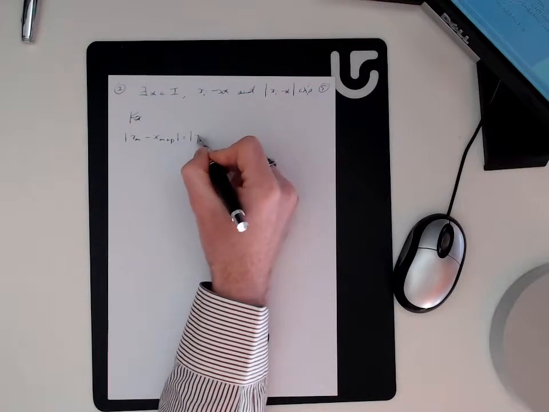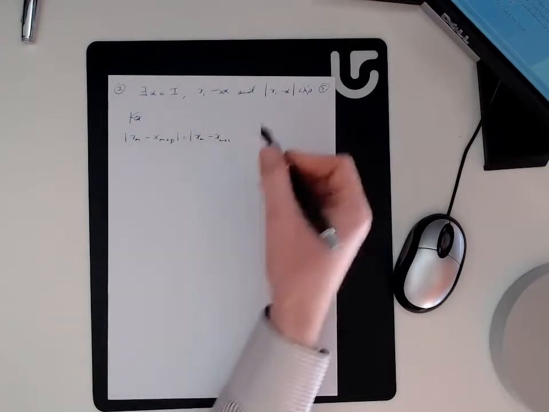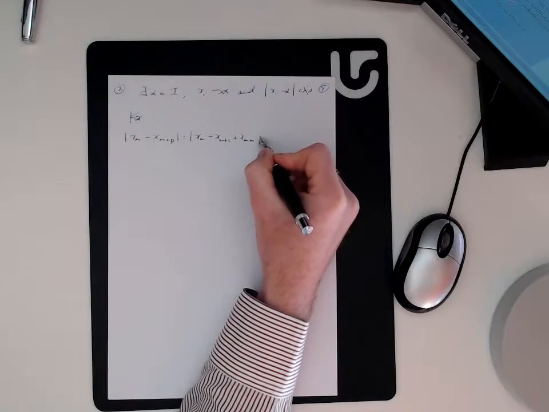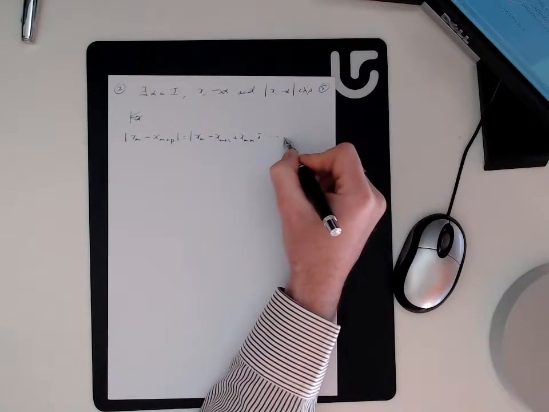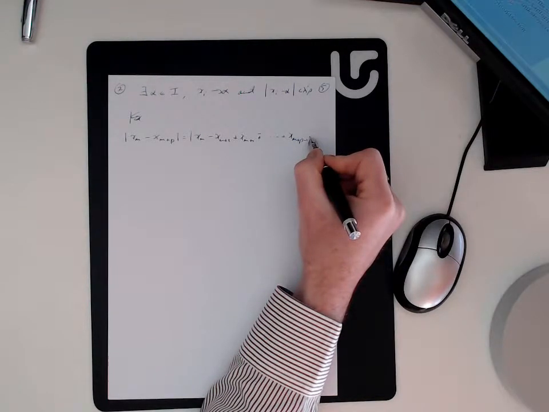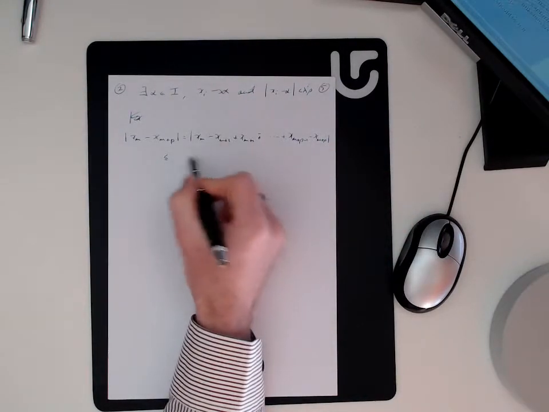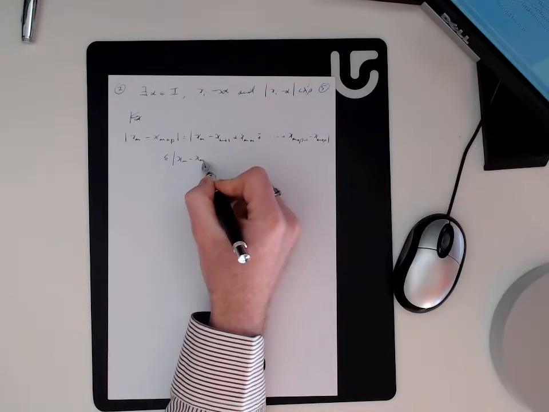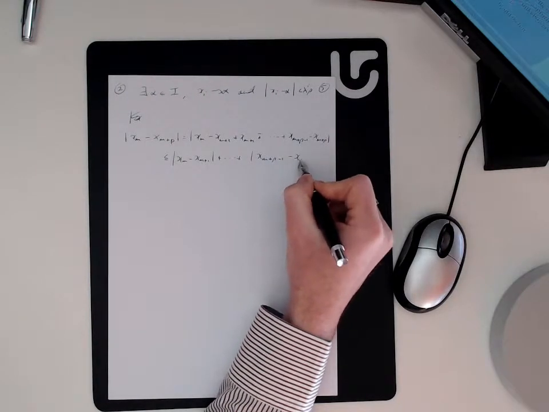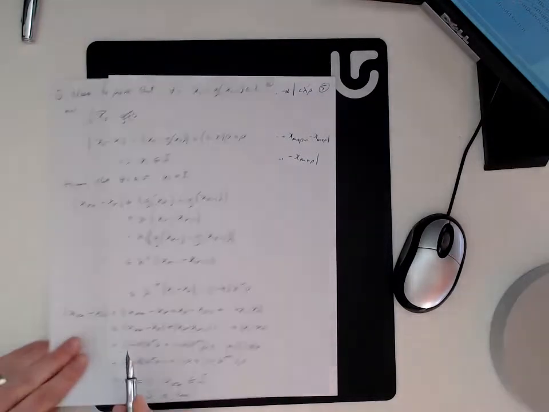I'm going to telescope this series, x_m minus x_{m+1}, because p is positive. I'm going to telescope upwards: x_{m+1} minus x_{m+2}, plus up to x_{m+p-1} minus x_{m+p}, less than or equal to, well, chop all of that up, the sum of the differences x_m minus x_{m+1} through x_{m+p-1} minus x_{m+p}. Now I have a bound on this, sneak it in.